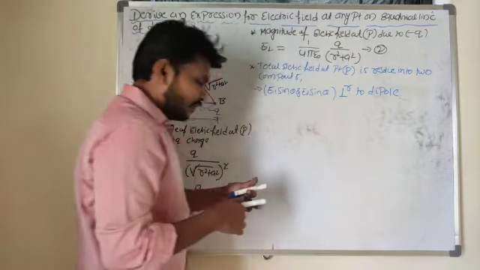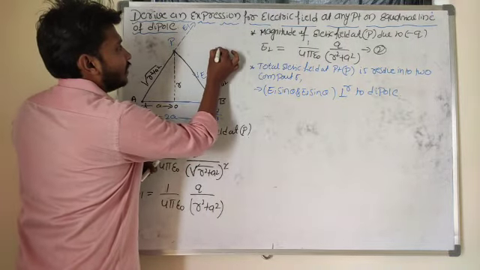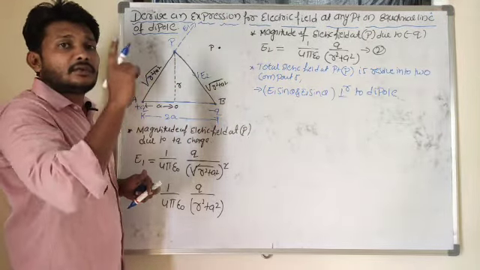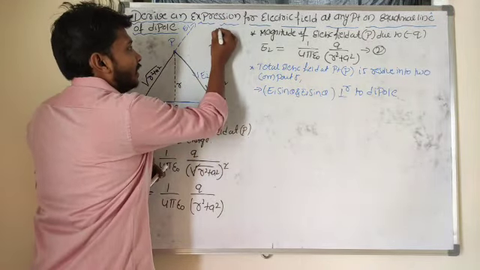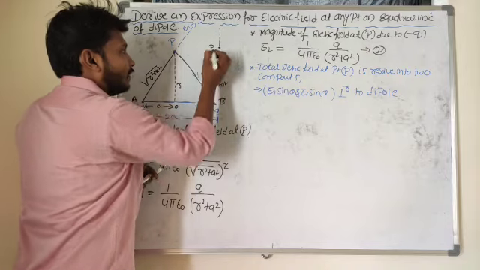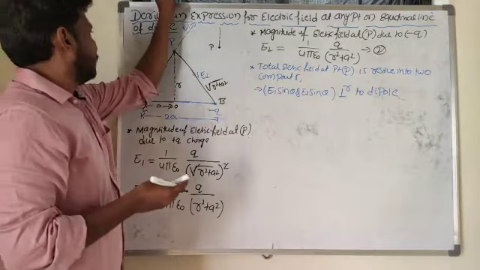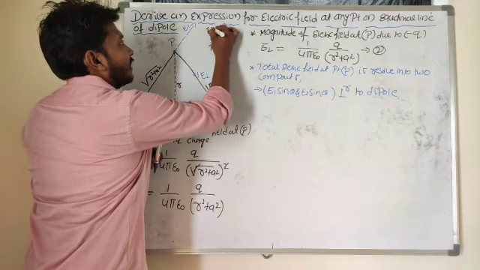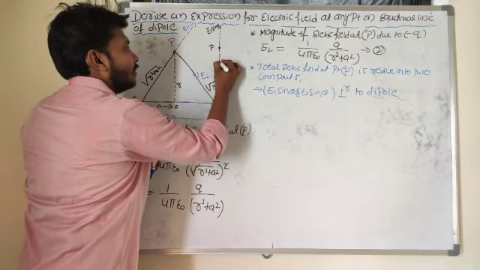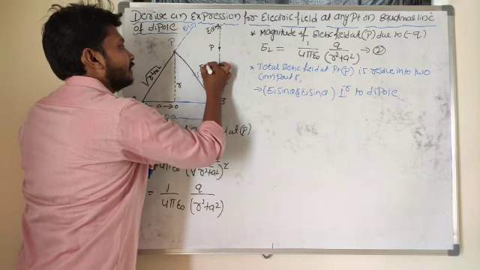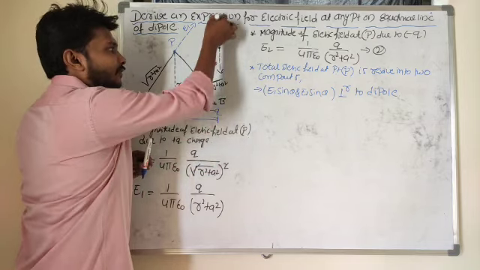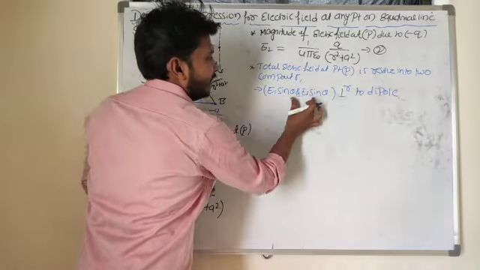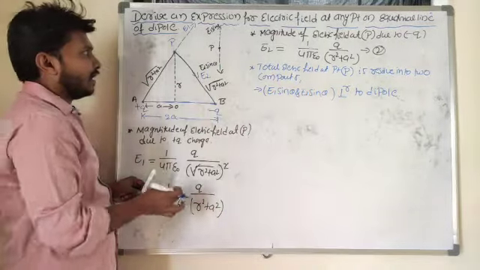At point P, I got a total electric field, and I am resolving it into two components. One is perpendicular to the dipole: here E1 sin theta and E2 sin theta are perpendicular to the dipole.